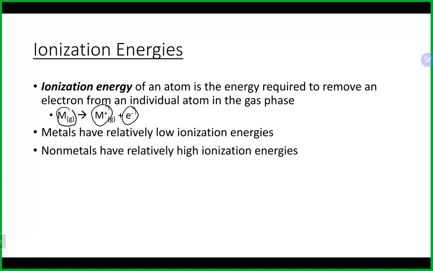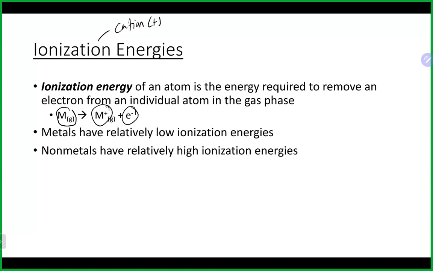Ionization energy is basically what happens when we lose an electron. And when we lose an electron, things become positively charged, they are cations. So we associate ionization energy with the formation of a cation in this case.